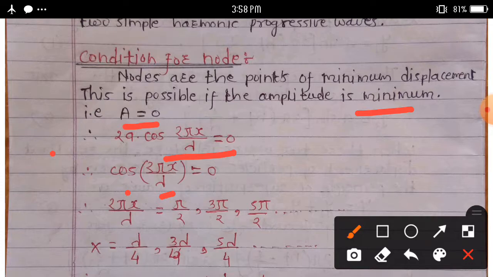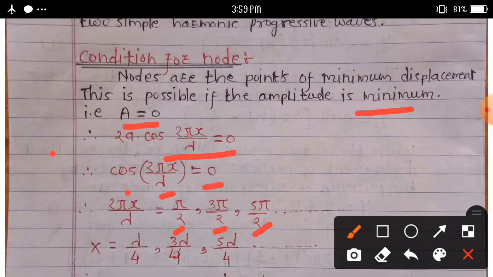So 2πx/λ is equal to π/2, then 3π/2, next 5π/2. Take this value: cos(π/2) becomes 0, again cos(3π/2) is 0, and cos(5π/2) also becomes 0.